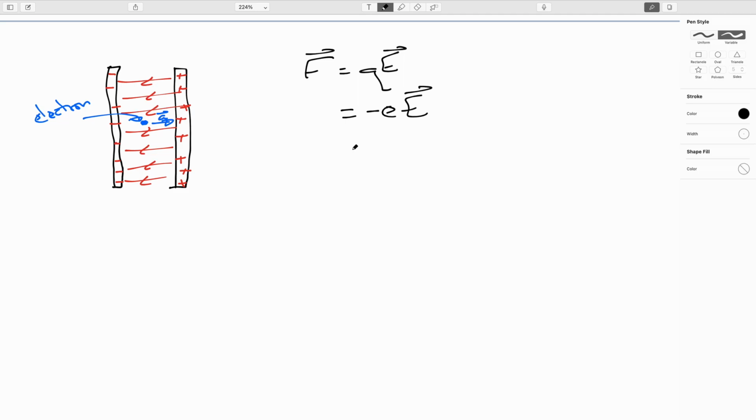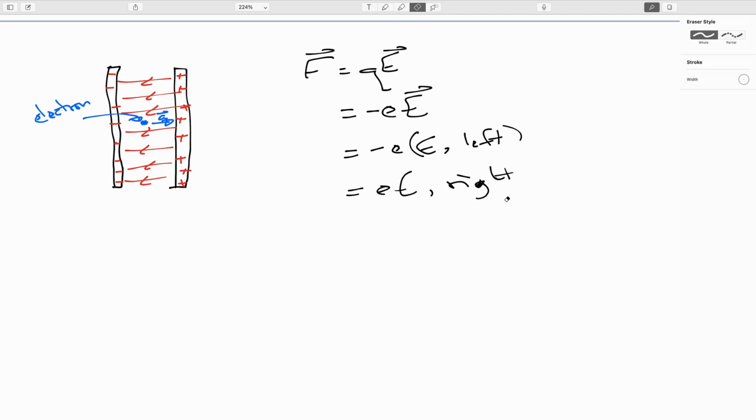So here, this would be negative e times our electric field pointing to the left, and the negative of left is right. And then by F equals ma, the acceleration and the net force always point the same way. So we wind up accelerating to the right.